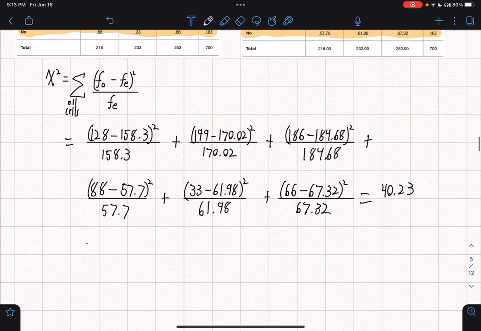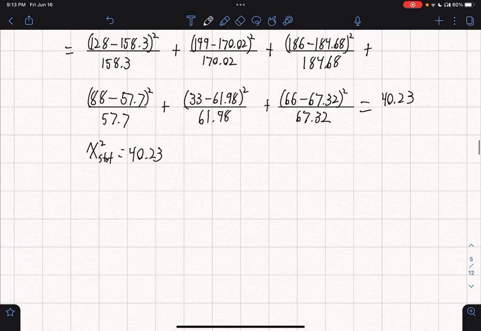So that means chi-squared is equal to, and actually maybe I should be more specific because this is our calculated value: chi-squared stat is equal to 40.23. And then let's quickly check our assumptions, and we already kind of did this. First, independence.